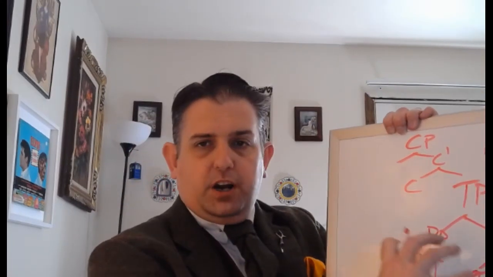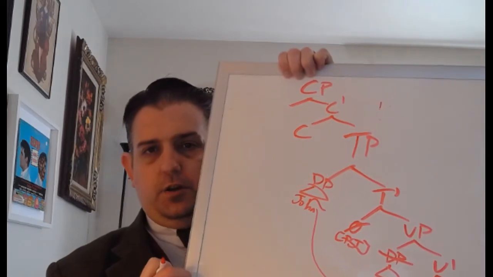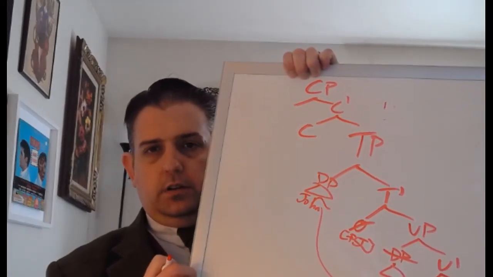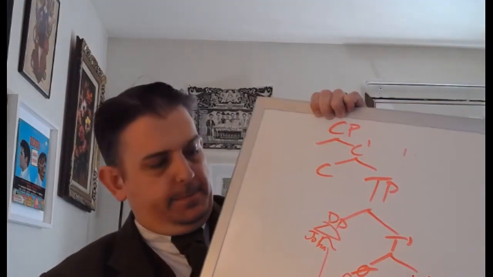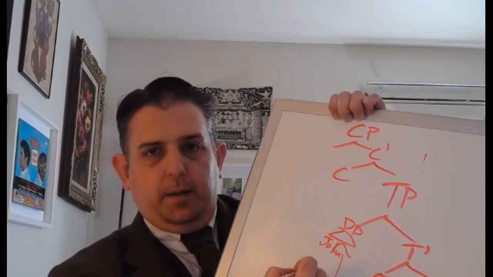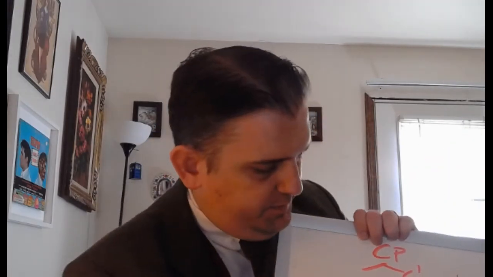And that's going to be what grabs this tense node. It's going to say, hey, tense node, move me up here. And so the tense node is going to move up. But the tense node isn't really moving anything. It's moving something, but that something doesn't have content to be pronounced. So it moves up.